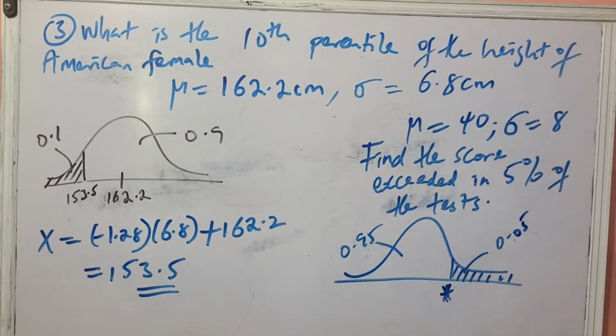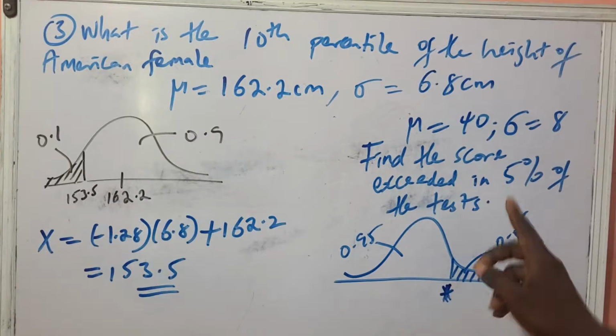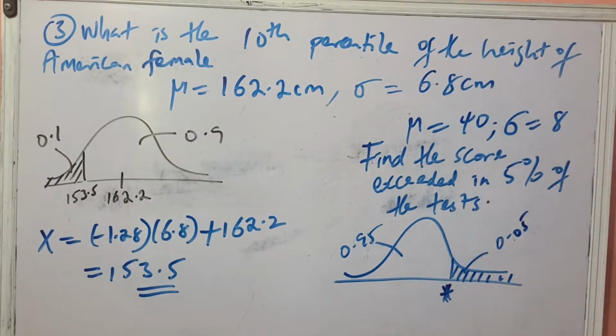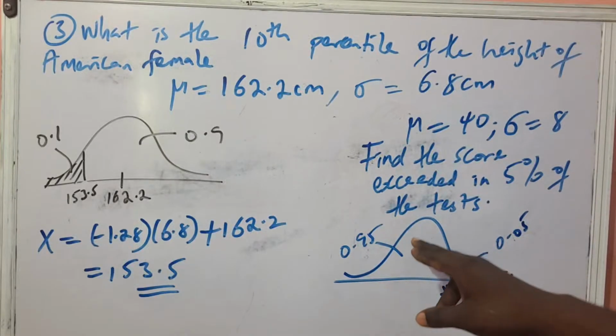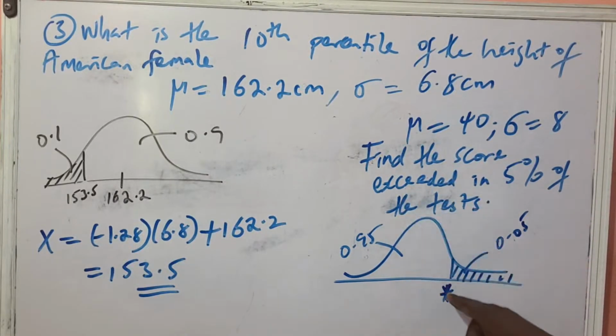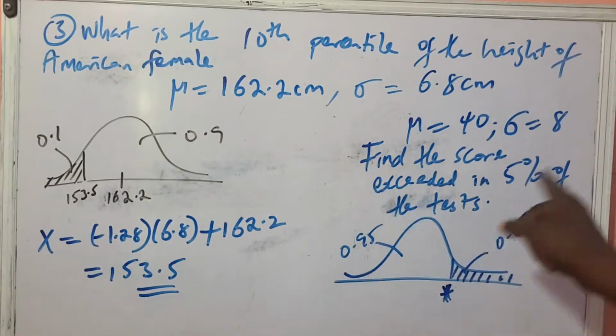So find the score that 5% of people exceed. Look at 5% of them. They have more than that score. The meaning of the word exceed means more than, obviously. Another way of seeing it, as I told you guys, you can use two ways to always talk about percentiles: find the score that 95% do not exceed.